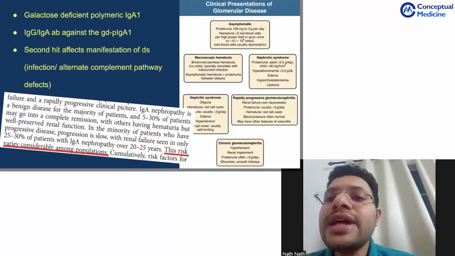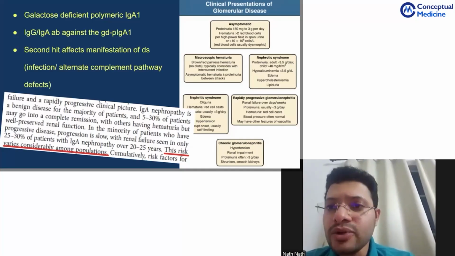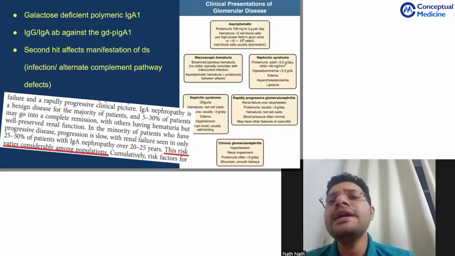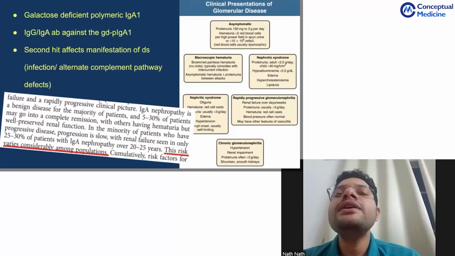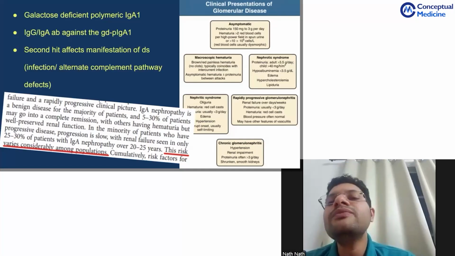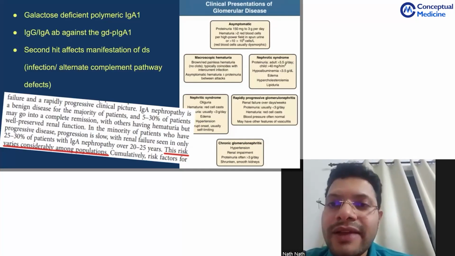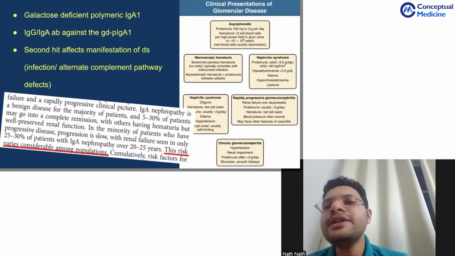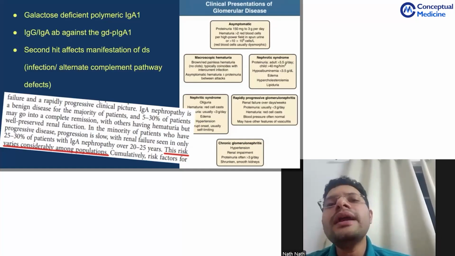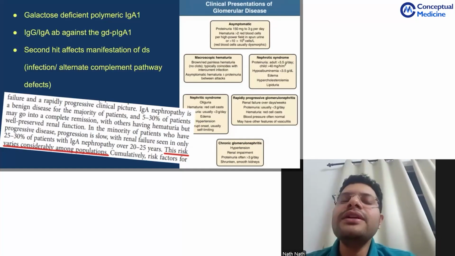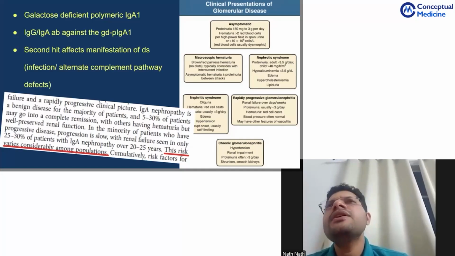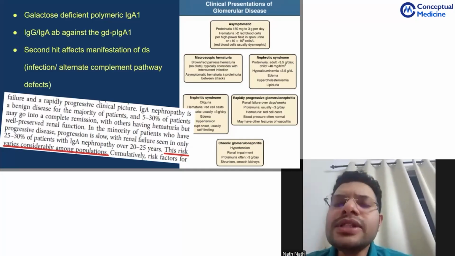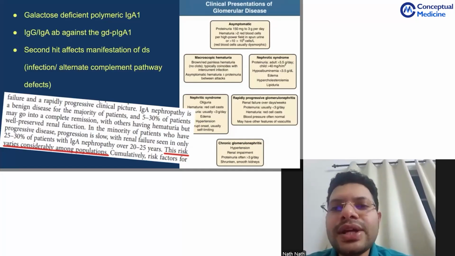Obviously, there are a fair share of cases which present to you with macroscopic hematuria, and they do well because they're diagnosed early. And you also have a subset of patients who present with nephritic syndrome. That's why we are discussing it under nephritic syndrome. The two rare presentations of IgA nephropathy are nephrotic syndrome and rapidly progressive glomerulonephritis. You're very, very unlikely to see this kind of presentation with IgA nephropathy.